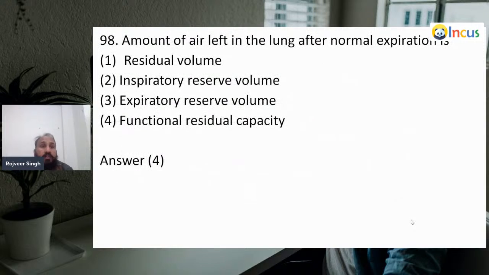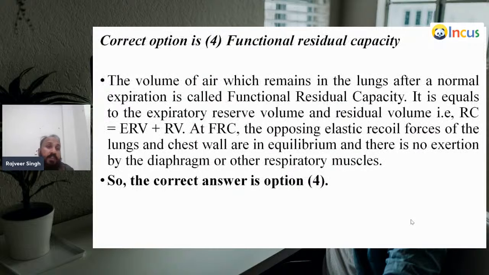Okay, now next question: the amount of air left in the lungs after the normal expiration is what? Residual volume, inspiratory reserve volume, expiratory reserve volume, functional residual capacity. So dear student, look here. When we are talking about just a normal expiration, then definitely we can say this is the FRC, functional residual capacity. The volume of air which remains in the lungs after a normal expiration is called FRC, functional residual capacity.